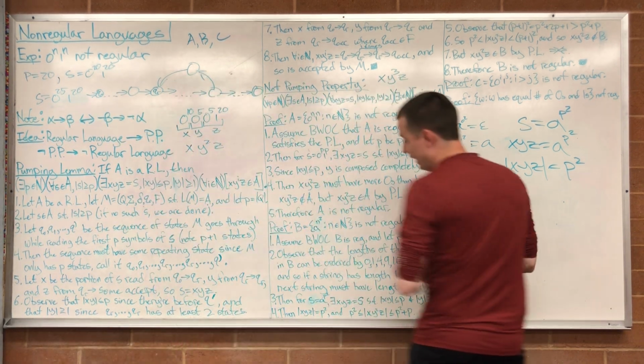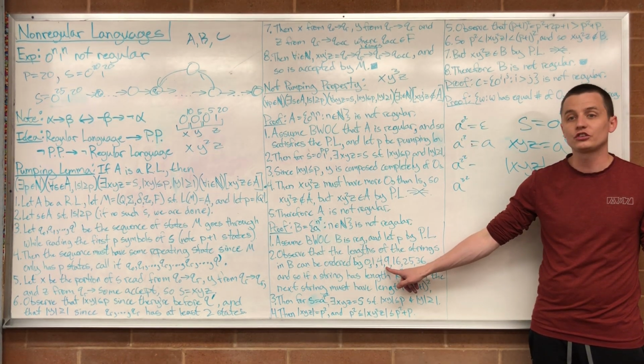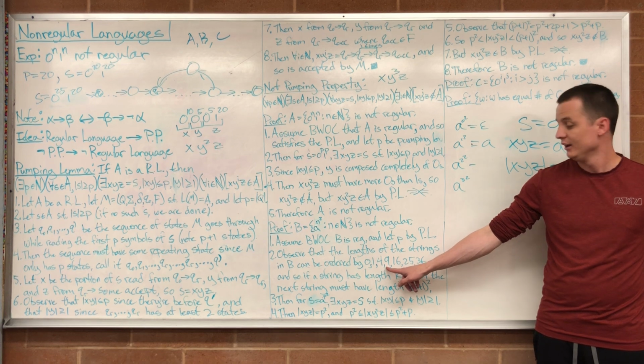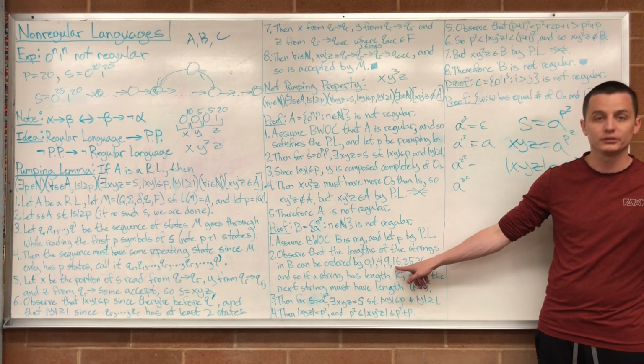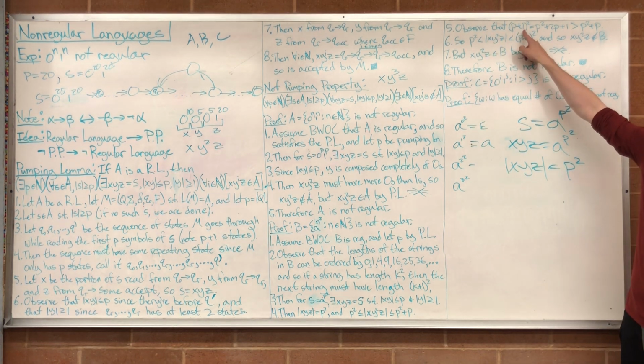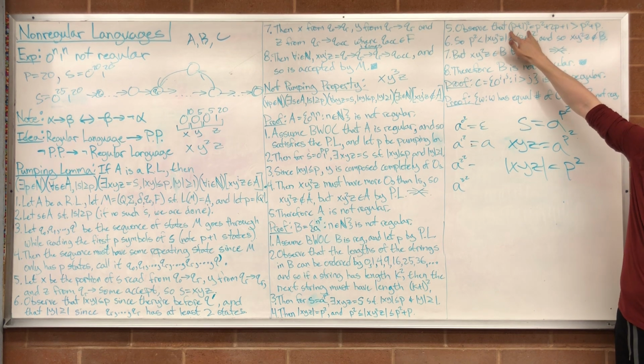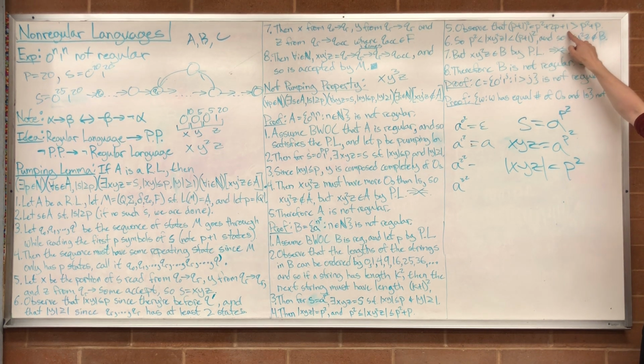Okay. Now our earlier observation: if one string has length K squared, then the next string must have length K plus 1 squared. So observe that P plus 1 squared is equal to, just do the algebra, P times P is P squared, P times 1 and 1 times P gives me 2P, and then 1 times 1 gives me 1. So P plus 1 squared is equal to P squared plus 2P plus 1, which is greater than P squared plus P. So what do we have?